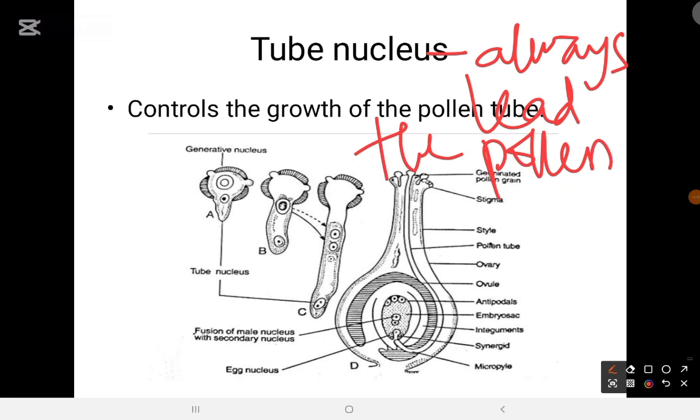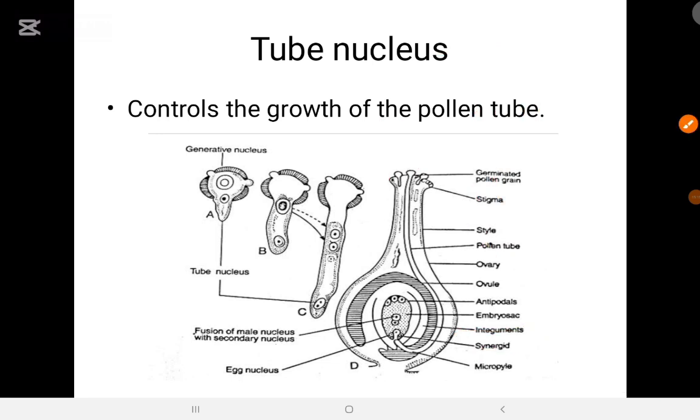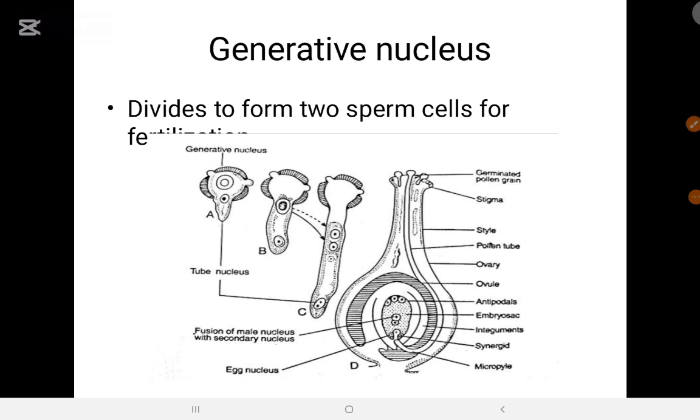Because of the hormones that are secreted by the embryo sac, the synergids. These help to control the direction in which the pollen tube will grow. So that is what the tube nucleus does: it controls the growth of the pollen tube.